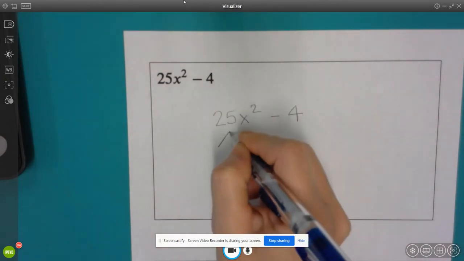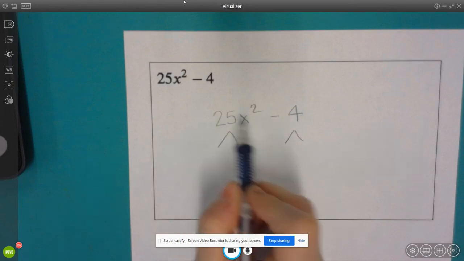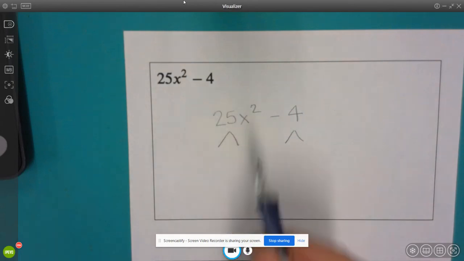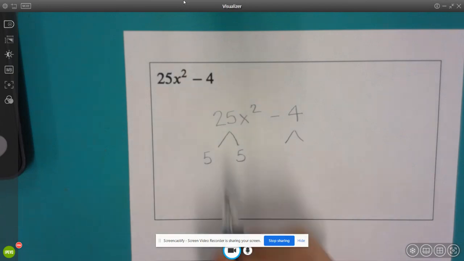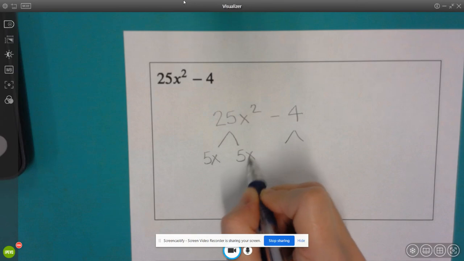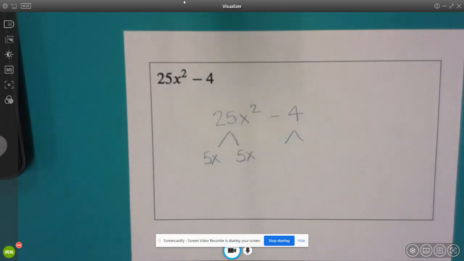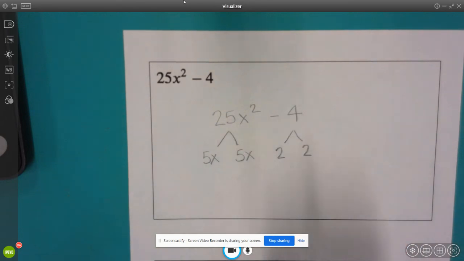I'm going to look at my perfect square within this. So 25, the square root of 25 is 5. And the square root of x squared is x. So 5x times 5x gets me back to 25x squared. 4 is 2 times 2, but one of them has to be negative.